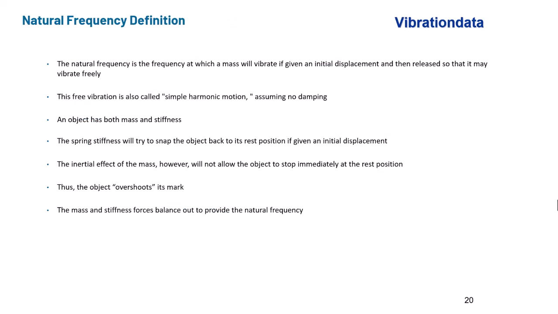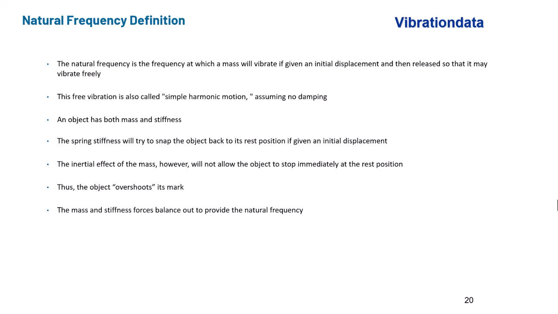Just a review here: the natural frequency is the frequency at which a mass will vibrate if given an initial displacement and then released so that it vibrates freely. This is also called simple harmonic motion, particularly if there's no damping present. An object has both mass and stiffness, and the spring stiffness will try to snap the object back to its rest position if it's given an initial displacement.